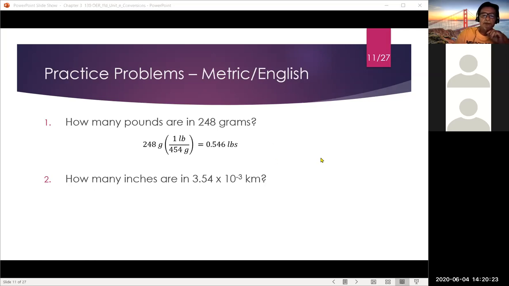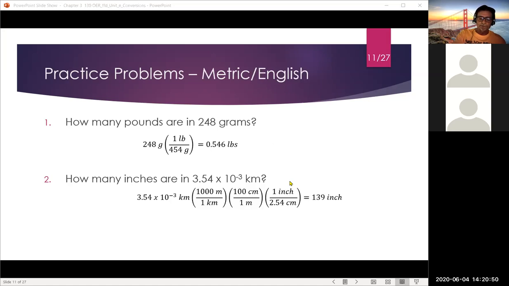Next example. How many inches are in 3.54 times 10 to the negative third kilometers? Okay, kilometers. So we may have to use some scientific notation here, or you can take that number and convert it into a decimal number, moving the decimal point to the left by 3 places, or use your calculator with the scientific notation.